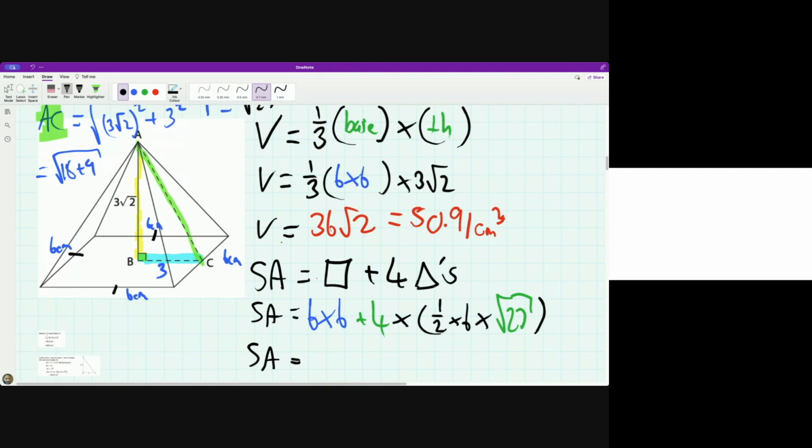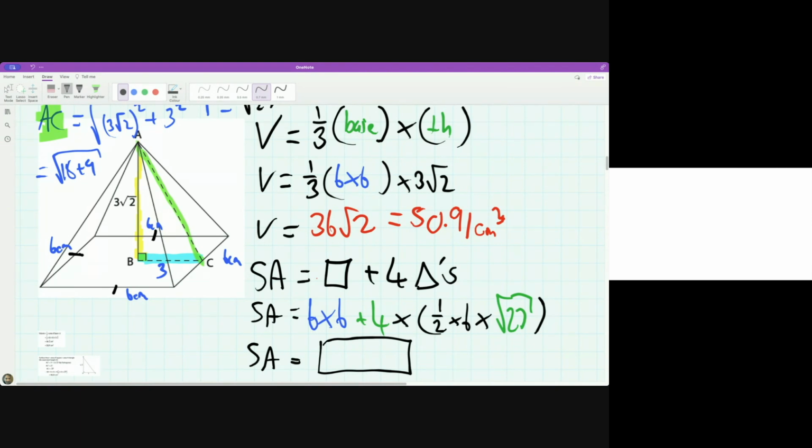What are you all getting for your surface area? Put your answer in the chat. Who is going to share their wisdom with me?